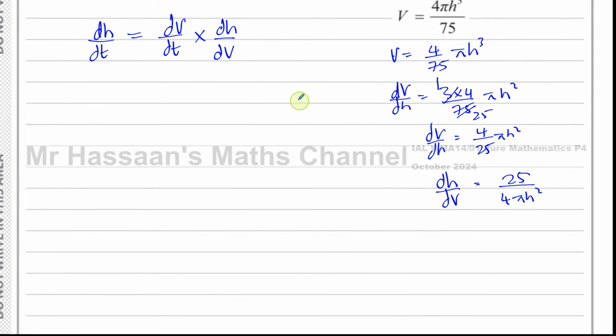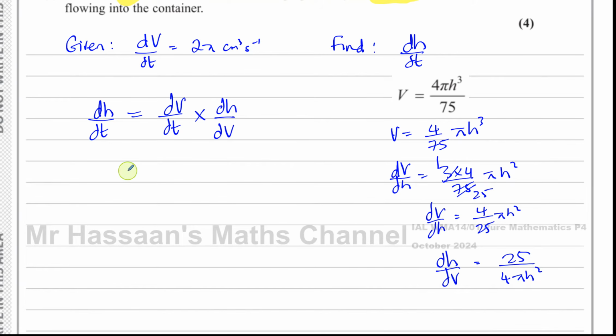So I can say now that dh/dt is equal to dV/dt, which was given as 2 pi, times 25 over 4 pi h squared. The 2 cancels with the 4, giving you 2 here. The pi cancels with the pi.